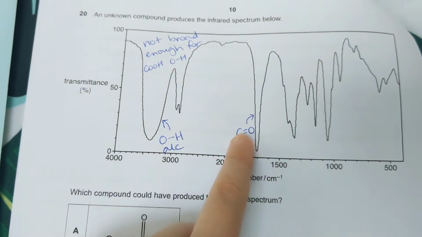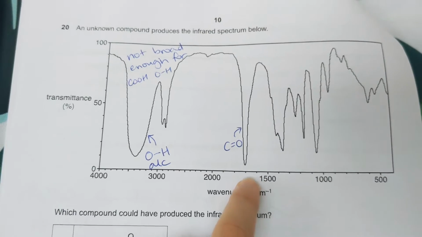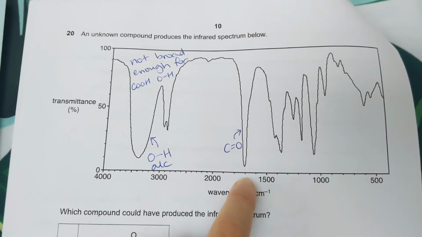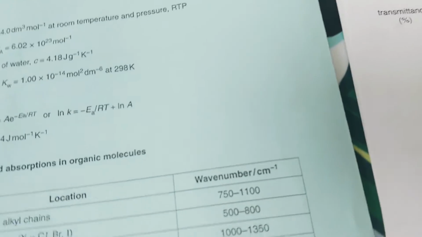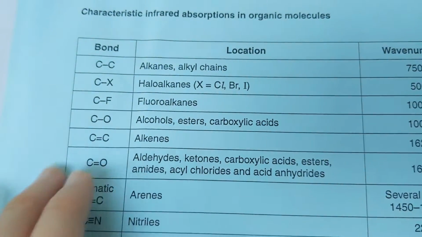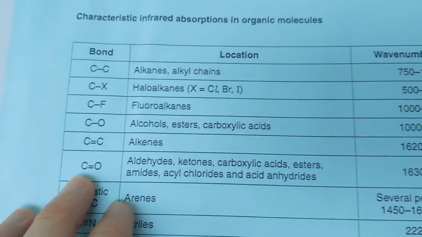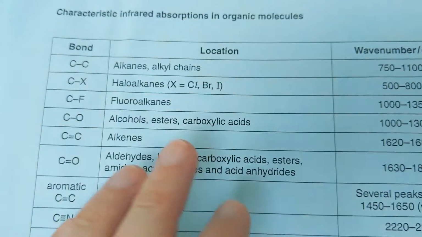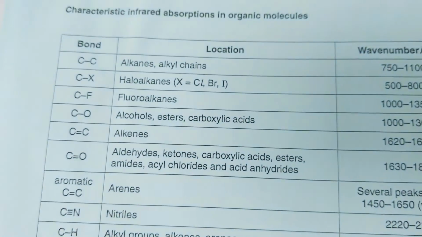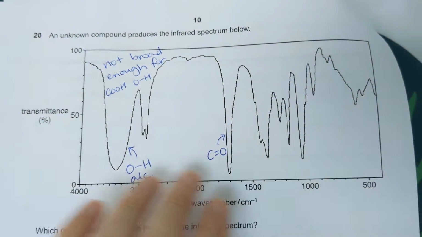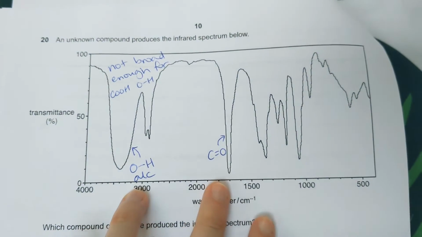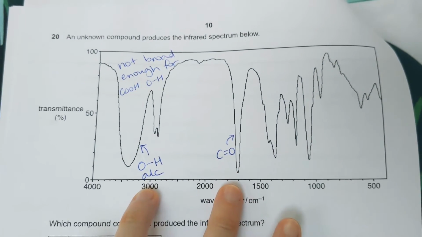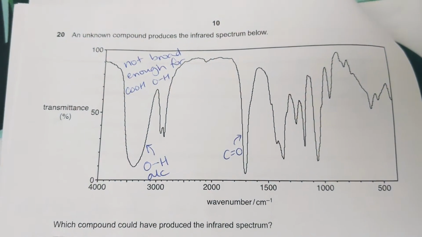We have another significant absorption here around 1700-ish, and that is characteristic of a carbonyl, a carbon double bonded to an oxygen, which is present in aldehydes and ketones. So we've got two absorptions of two bonds that together look like they make the carboxylic acid functional group.